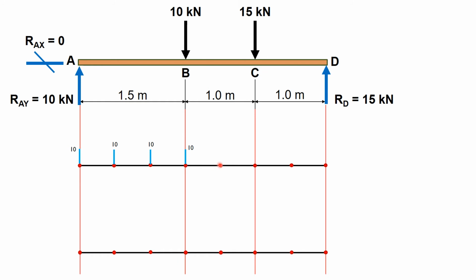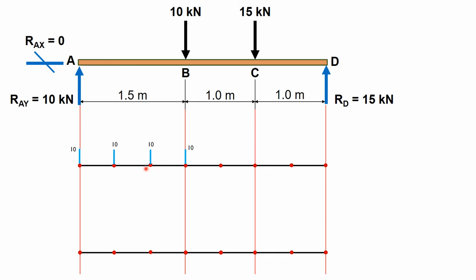When x is 2, the shear value is 0. When x is 2.5, the shear value is also 0. So dito sa point B, for segment BC, wherein your shear value is 0, yun ay to the right of B naman.